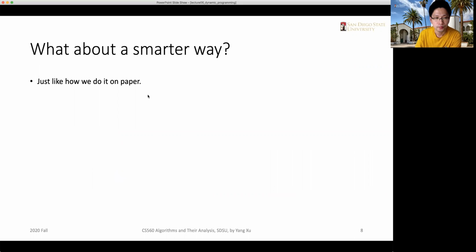So what about a smarter way? Okay, so actually the typical way that we human beings think of this problem is pretty smart. When we want to know, say, the third Fibonacci number, we will first write down the first two, 0 and 1, right?